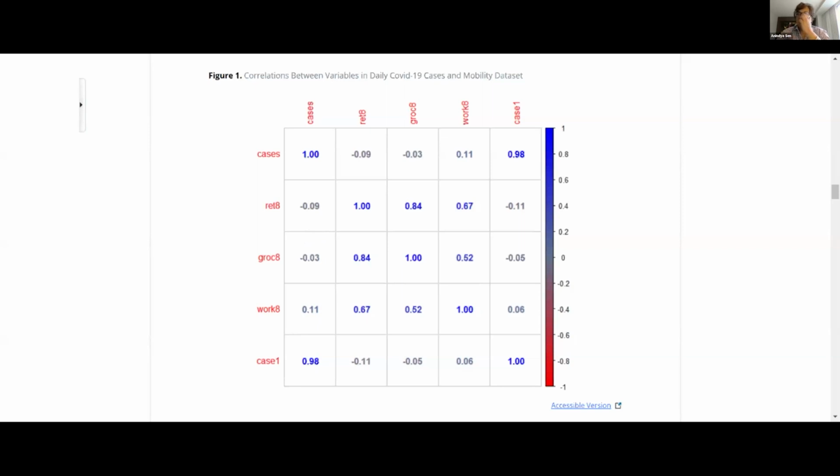But what's important to note is that sometimes, even though you might have very low correlation numbers, things might change when you include them all together in a regression model.